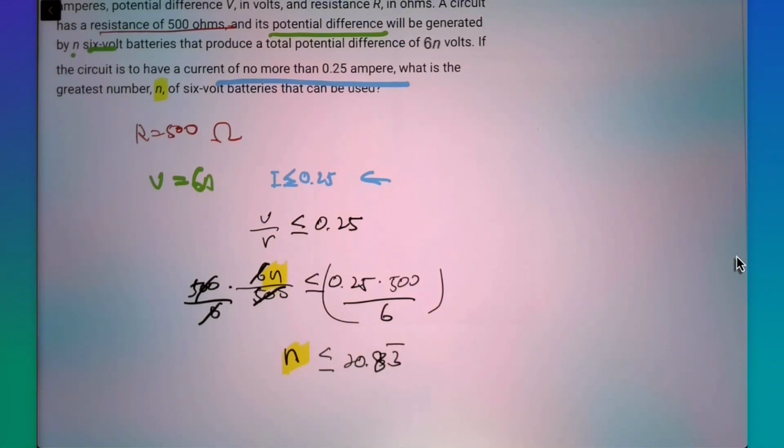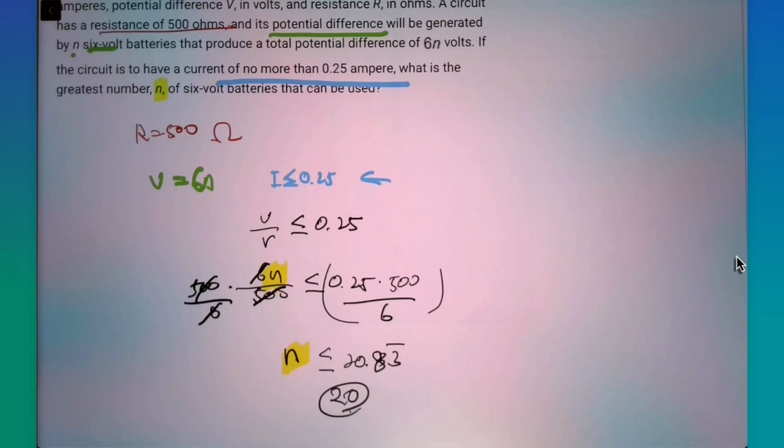Now here's the tricky part. You cannot split the battery. We're asking the number of batteries, and realistically you cannot have 0.83 battery, so we can have at most 20, and this has to be an integer in this real life situation.